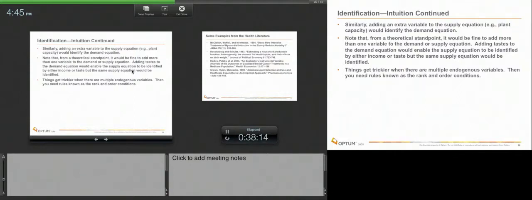There's been some nice work done by some economists in the medical school over at Harvard. Haiden Huskamp had done some nice work where she was looking at relative prices and thinking about stuff this way. But in general, people just run regressions on the claims data or the electronic health record data and aren't terribly concerned about the identification problem.